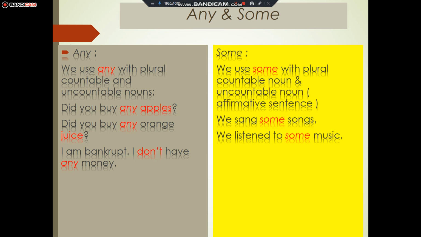But when do we use any and when do we use some? We use any with negative and a question, but we use some with affirmative. We use some with affirmative. Then we use any with a plural countable noun and uncountable nouns, but with a question and negative.